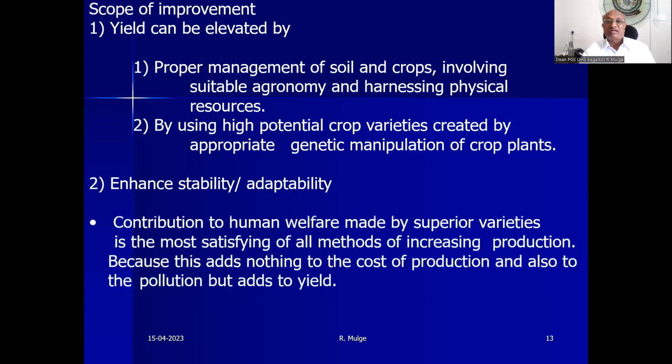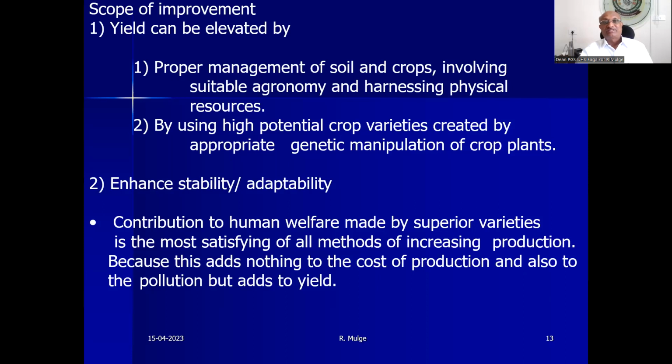Yield you can improve by this, and then enhance the stability and adaptability. With changing environments, you release one variety, or you grow the crop here and some other place, the production varies from place to place and also from season to season. So these are the two requirements for crop improvement.